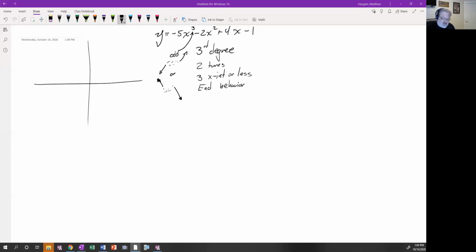So how we tell the difference between those two is the sign of the lead coefficient. That's why it's referred to as the lead coefficient test. Though I always thought it should be called the lead term test, but nobody asked me. So the fact that this lead coefficient is negative means we're going to be generally decreasing. So this function is going to come down out of quadrant 2, wiggle as much as it's going to wiggle, and then leave outside in quadrant 4.